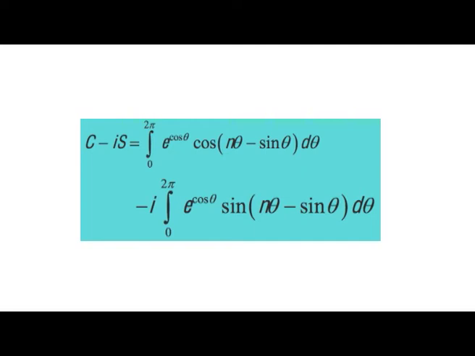Therefore, C − iS is equal to the integral from 0 to 2π of e^(cos θ) cos(nθ − sin θ) dθ minus i times the integral from 0 to 2π of e^(cos θ) sin(nθ − sin θ) dθ.